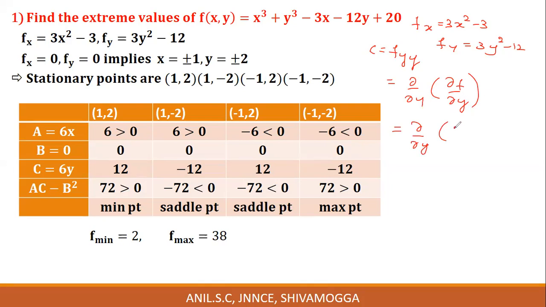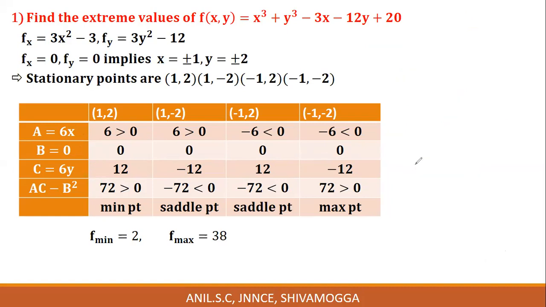Del f by del y is 3y square minus 12. This is equal to partial derivative of 3y square with respect to y, which is 6y. And minus 12 is a constant, its derivative will be 0. Therefore, c is equal to 6y.